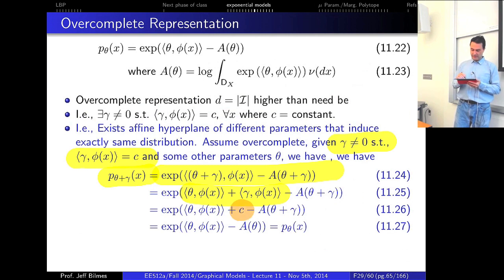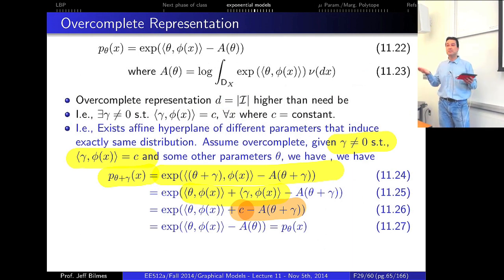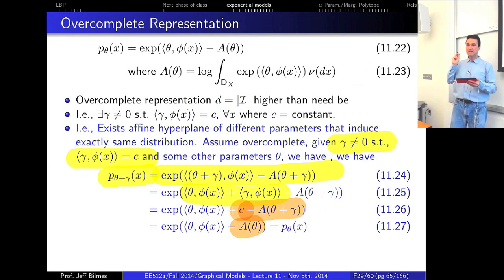But then, just because it's the normalization constant, it has to be a normalized distribution. It has to equal this. So basically, C minus the log partition function of theta plus gamma has to be equal to the negative log partition function of theta, because of the normalization constraint. And so therefore we're back to this.